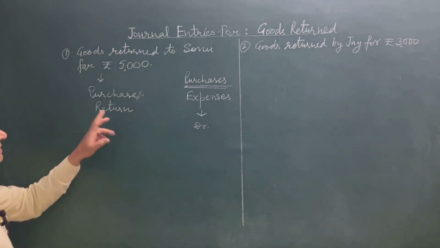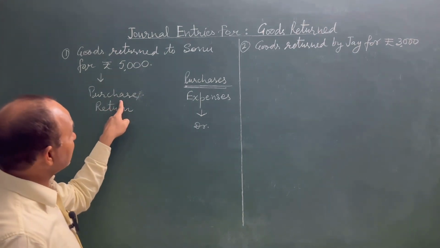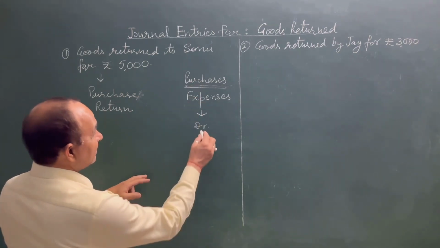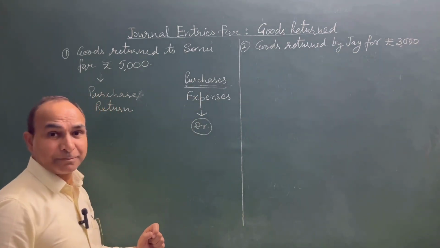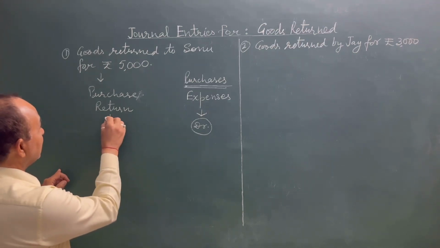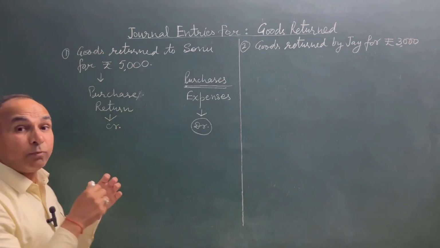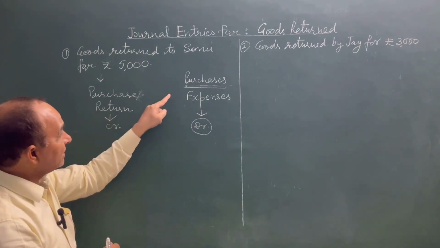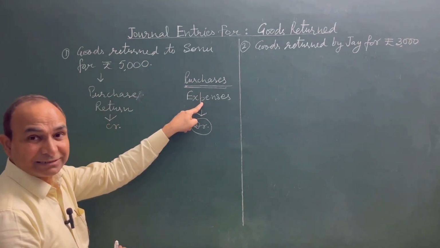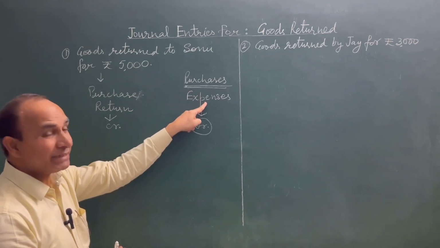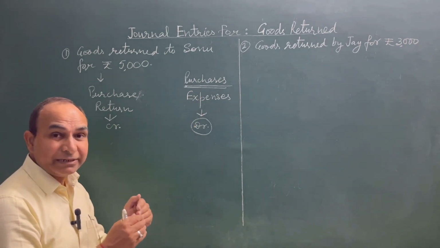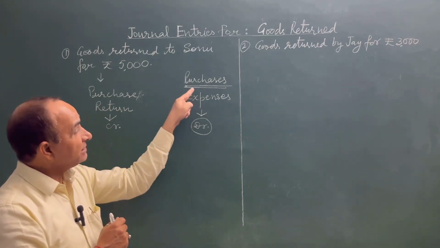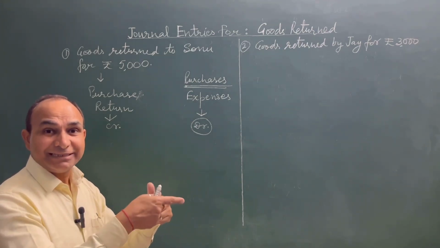This is purchase return. It means purchase return is just reverse of purchases. Purchases account is debited and then purchase return account is credited. But why? Because purchase return refers to the reduction in expenses. Purchase is an expense which is made for generating revenue, because later on these purchases are converted into sales.